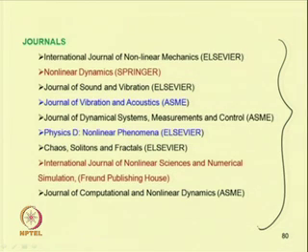For example, one can refer to the International Journal of Nonlinear Mechanics, Nonlinear Dynamics, Journal of Sound and Vibration, Journal of Vibration and Acoustics, Journal of Dynamic Systems, Measurement and Control, Physica D: Nonlinear Phenomena, Chaos, Solitons and Fractals, International Journal of Nonlinear Sciences and Numerical Simulation, Journal of Computational and Nonlinear Dynamics.